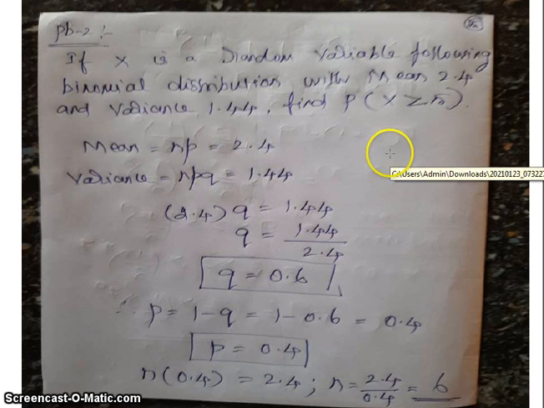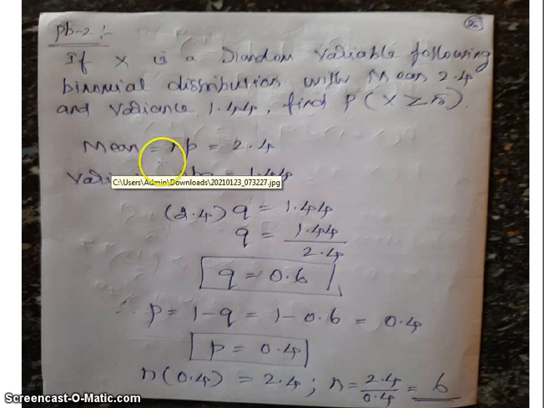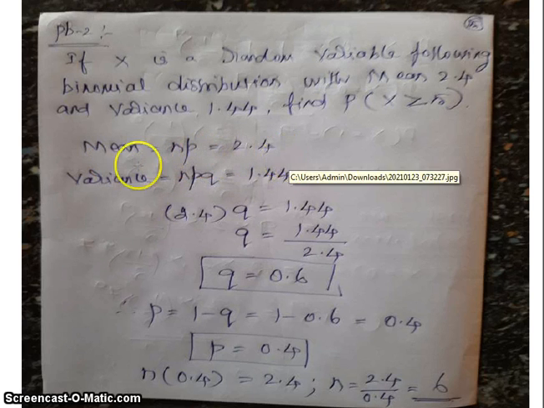Okay, so they said it's a binomial distribution, mean value is 2.4 and variance is 1.44, and they asked you to calculate P of x greater than or equal to 5. First let us note down the given values in the problem. Mean is np, that is equal to 2.4.